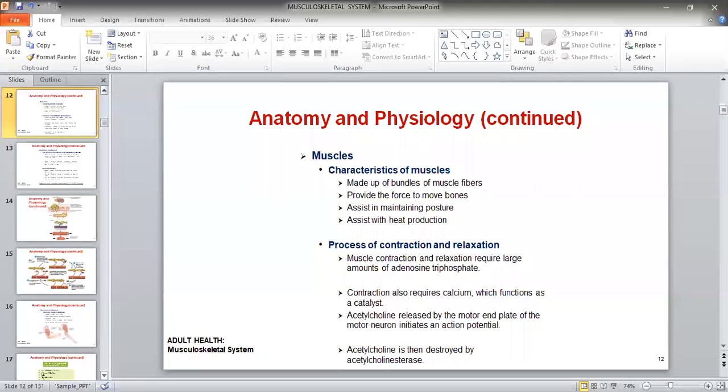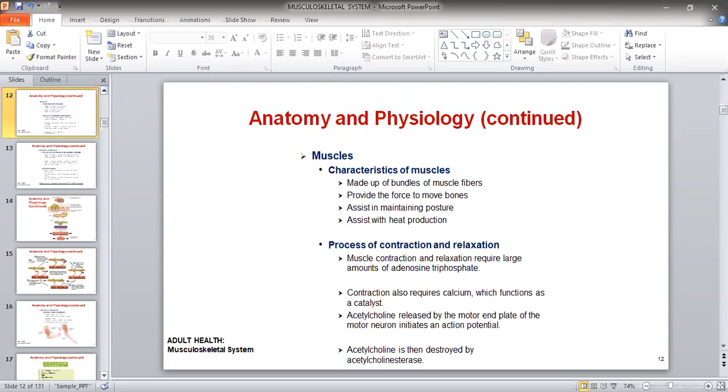But skeletal muscle is attached to bones and responsible for skeletal movement, right? And the peripheral portion of the nervous system controls the skeletal muscle. Skeletal muscle is under our control, so it is called voluntary control.